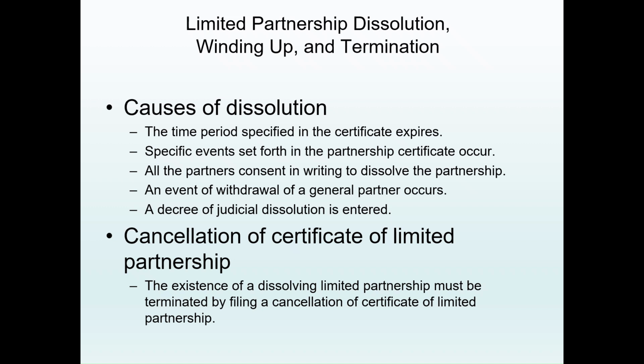If the limited partnership dissolves, the limited partnership certificate is simply canceled by filing a certificate of cancellation of the limited partnership with the Secretary of State or other appropriate authority.